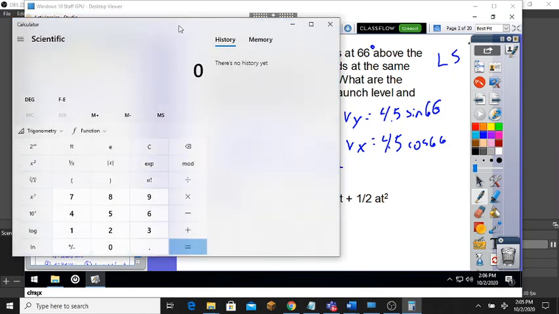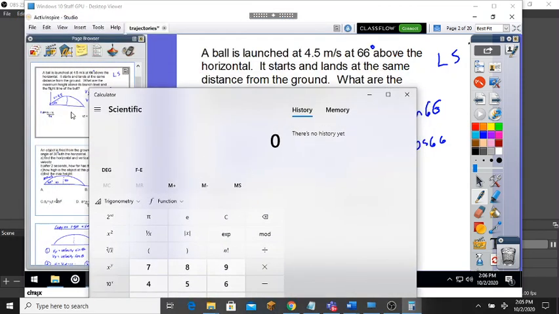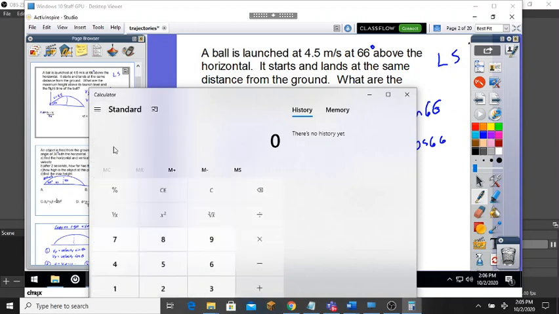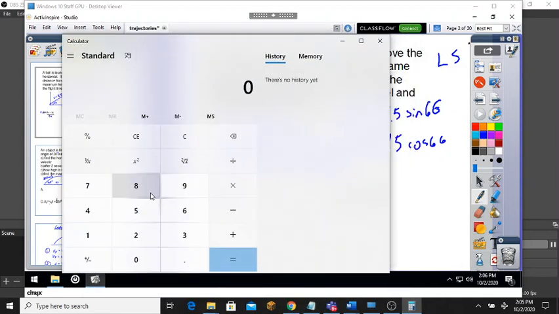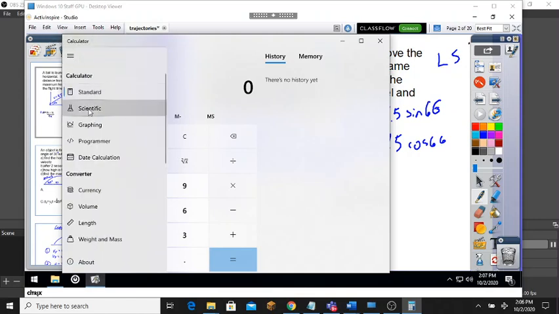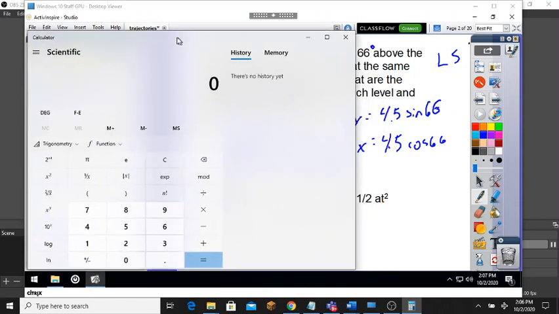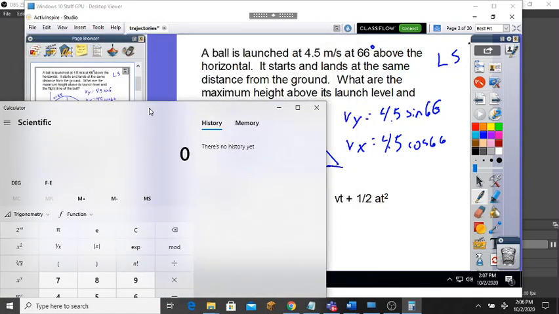If you have just the regular standard calculator, when you press these little lines here, you want to open it to the scientific calculator. If you have your cell phone, you might have to tilt the calculator like if you're watching a YouTube video, and it should expand all these other functions.